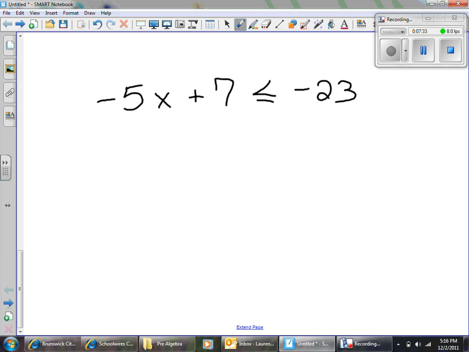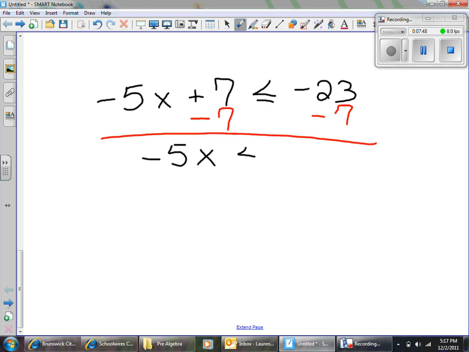All right, again, I'm just going to solve it like a normal equation. I'm going to subtract 7 from each side. Then I'm going to get negative 5x is less than or equal to negative 30.